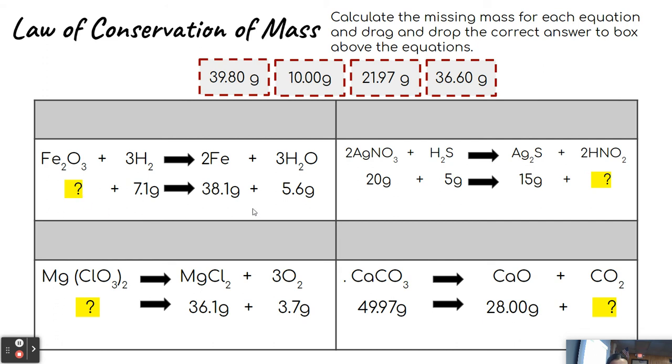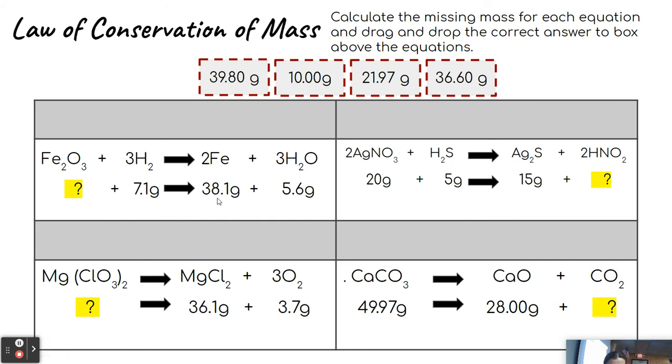So to find that, we're going to add the mass of our products together and then subtract 7.1 to find this missing mass. You will have a calculator for the STAAR test. It's built in as a tool. So you're going to be using your calculators, and I'm adding 38.1 plus 5.6 grams is 43.7 grams.